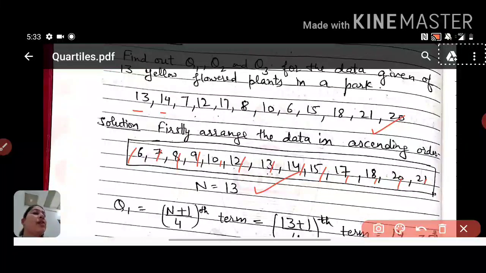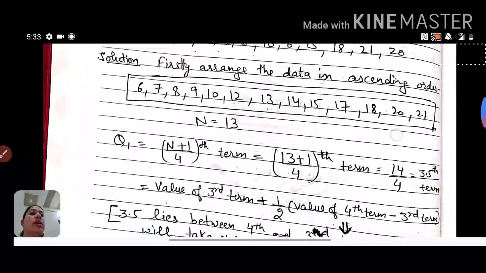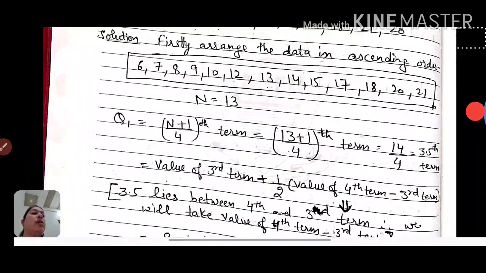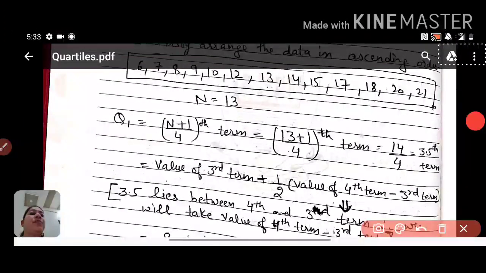Thereafter you can determine quartile 1 by using that formula, that is (n plus 1) by 4th term. So here n is equal to 13, so you have to put 13 here. By solving this you will get the answer 3.5th term.